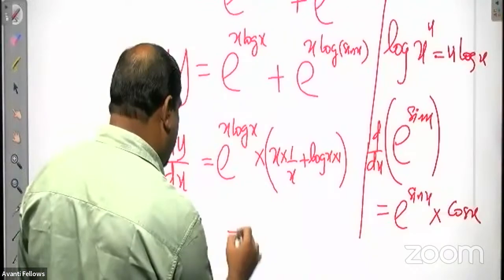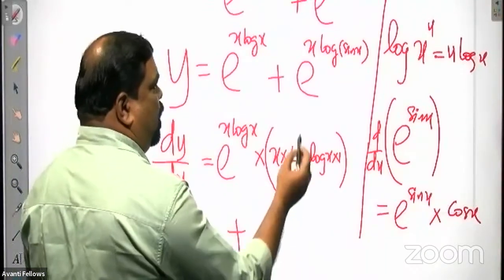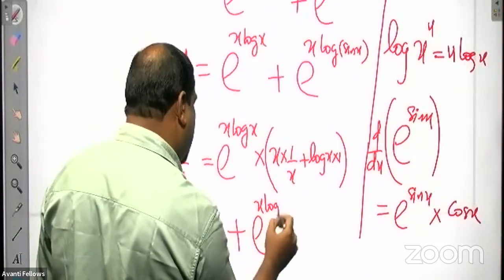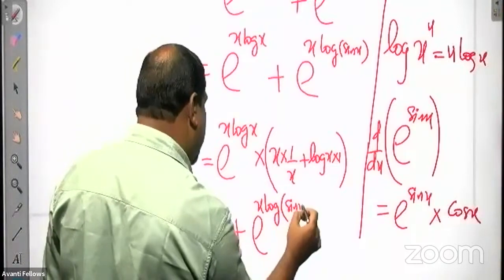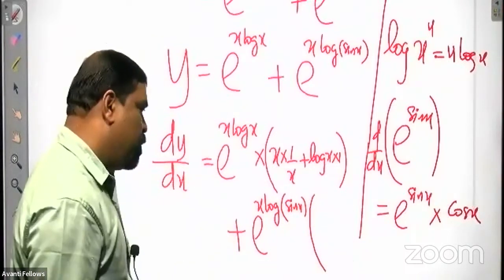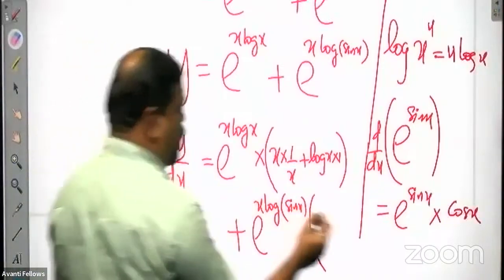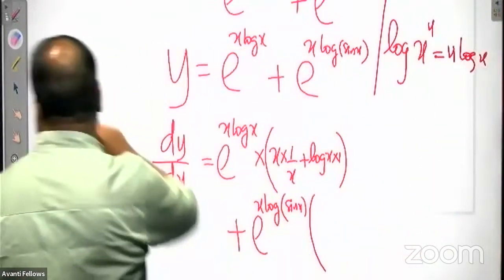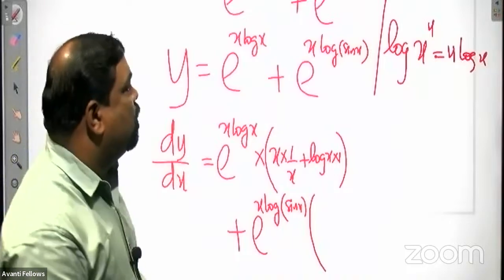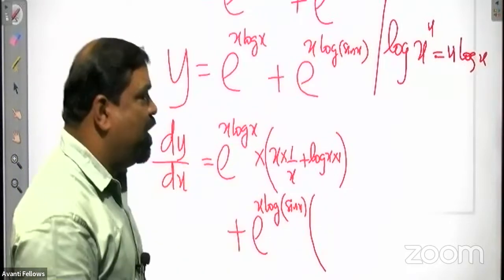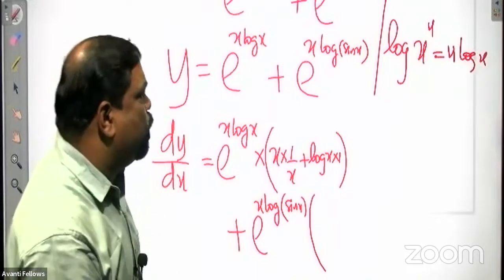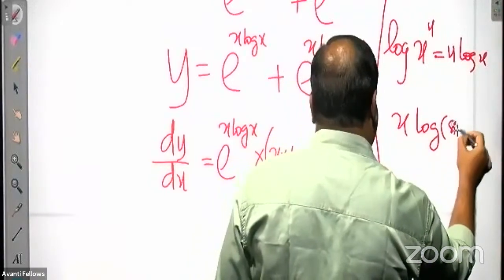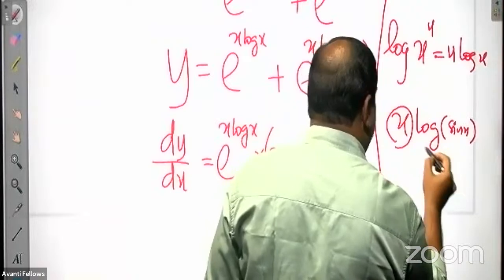Now the second term, plus, similarly again e power form. So the derivative is the same itself: e raised to x log sin x into the derivative of x log sin x. Here again, product rule. X is the first function and log sin x is the second function.